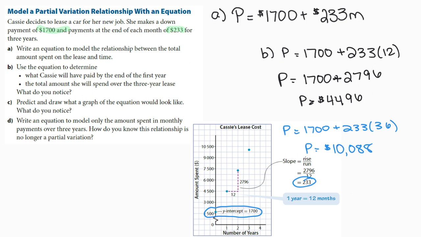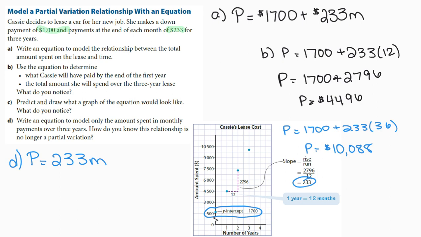So then it says, write an equation to model only the amount of money spent on payments. So basically that means ignore the $1,700 down payment. So that equation, we could take off the $1,700 and it would just be 233M. And that equation, if you notice, looks like a direct variation where it's the rate of change times the independent variable, and that's all that's in it.